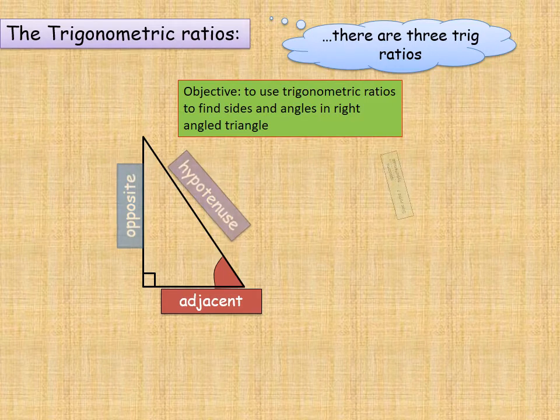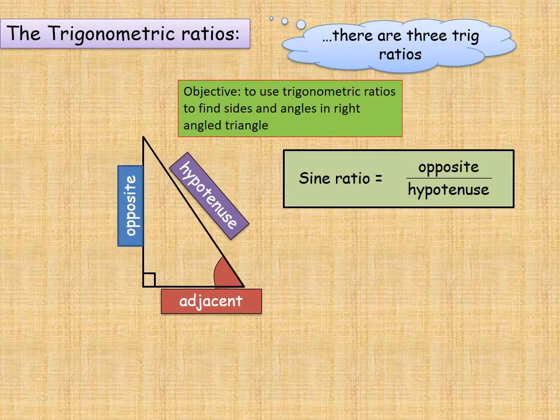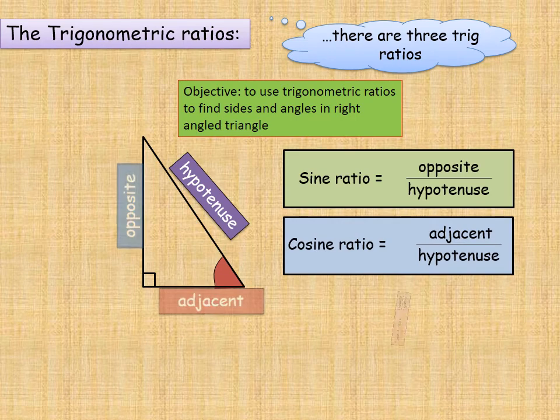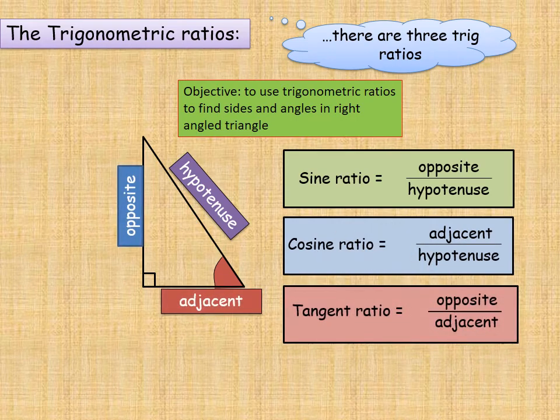The first ratio is called sine. Sine will be opposite over hypotenuse, the other one will be cosine, adjacent over hypotenuse, and the last one will be the tangent ratio, which is opposite over adjacent.